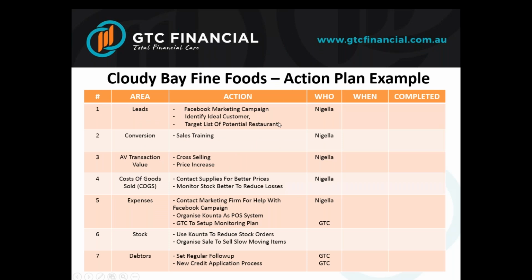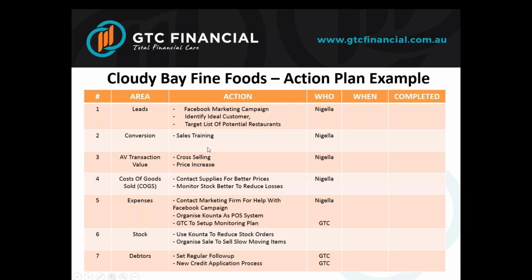It's really important when we do a growth equation with a client that we don't lose all of those actions. So we've added a few more on here. I've said to Nigella, look, get that Facebook marketing campaign underway. I would be suggesting to her that she use Cooper McKenzie here in Gladstone to do that. One of the things they would always do is identify your ideal customer and your target list of potential restaurants and start the marketing campaign to them.